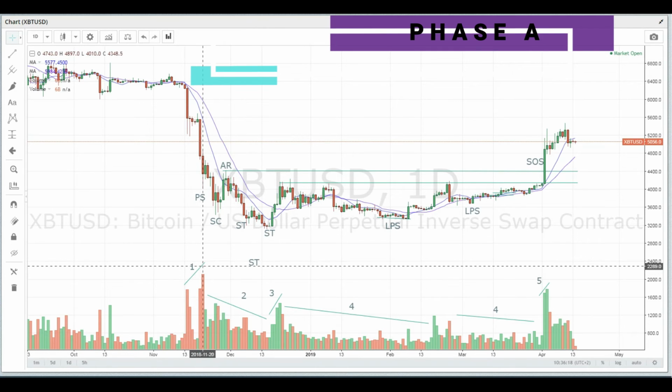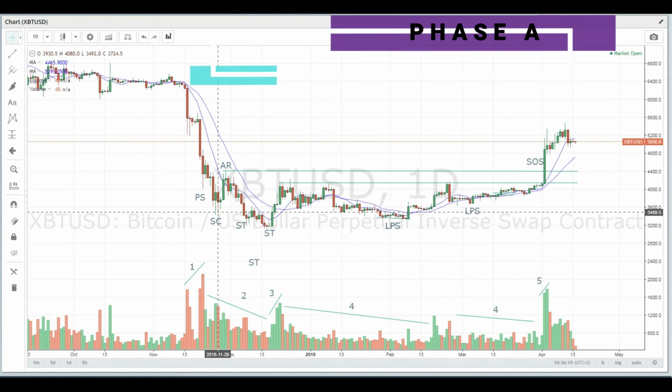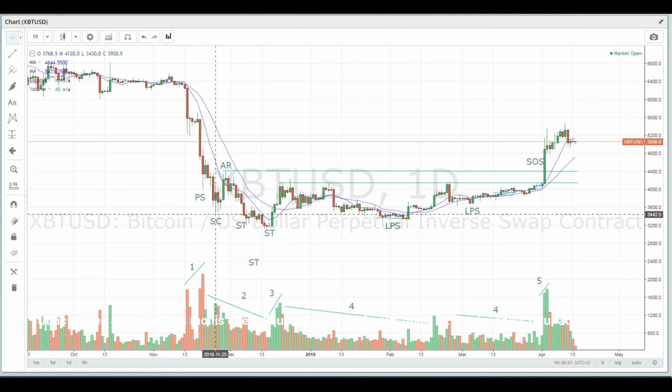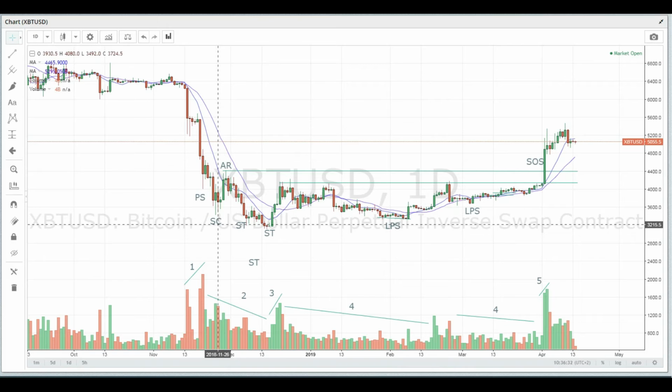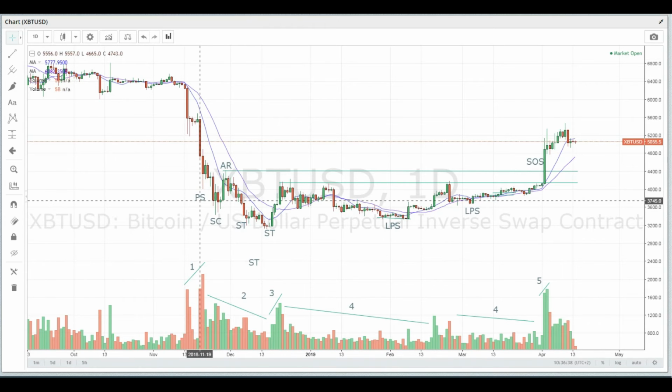After that we have the selling climax, and here you see that the price action starts the same as here. The volume is still quite high, but lower than at the preliminary support.